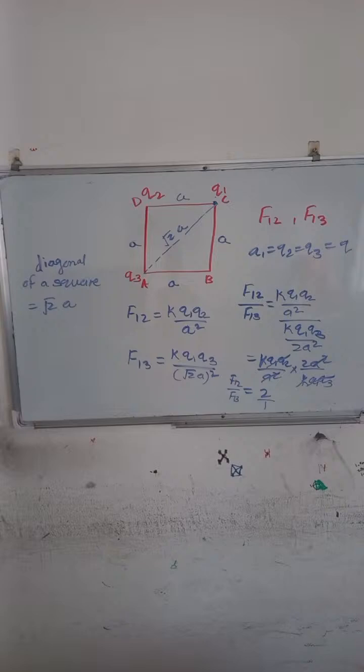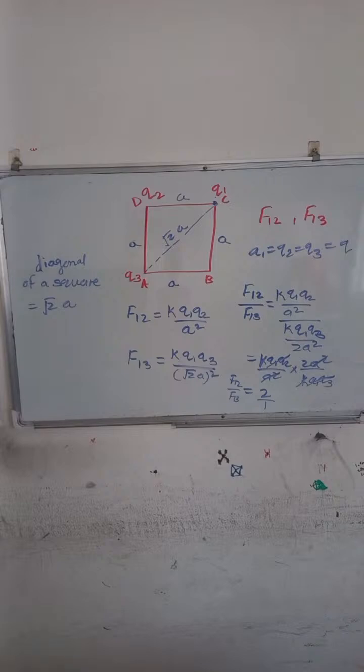And repeat this. If the charge on an object is halved, then the electric field becomes half, double, unchanged or thrice.